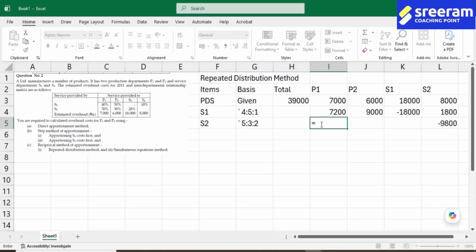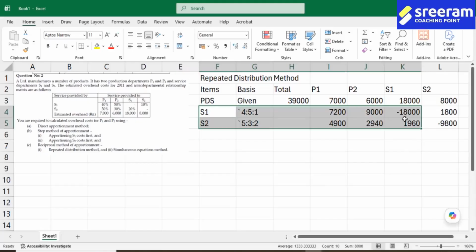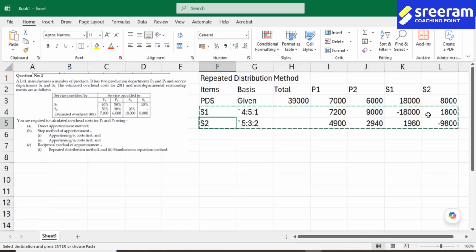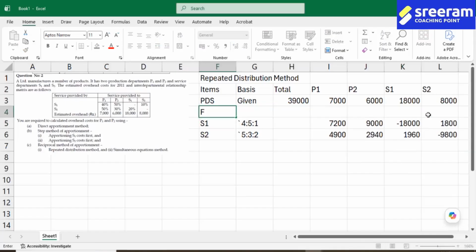So equal to 9,800 into 0.5, equal to 9,800 into 0.3, equal to 9,800 into 0.2. So this way I have distributed the first time. So you can consider that what I've just done is the first run.